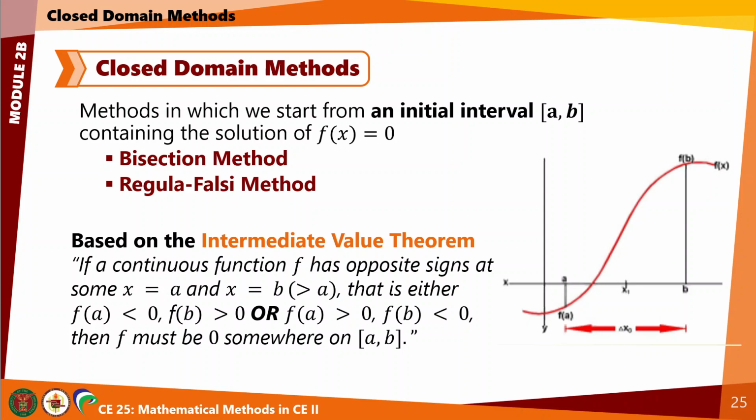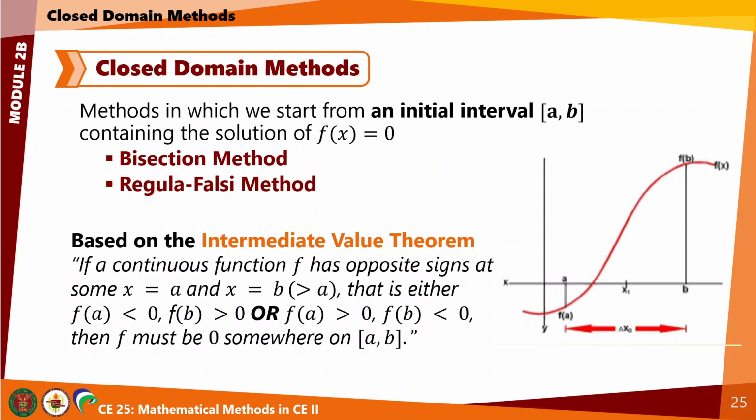It says that if a continuous function f has opposite signs at some x equals a and x equals b, so meaning meron kang dalawang points and points ng interval, and then either yung function value mo at a is negative and then yung function value mo at b is positive, or yung function value mo at a is positive but your function value at b is negative, then we can say that there is a solution. Okay, meaning f must be 0 somewhere on the interval a to b.